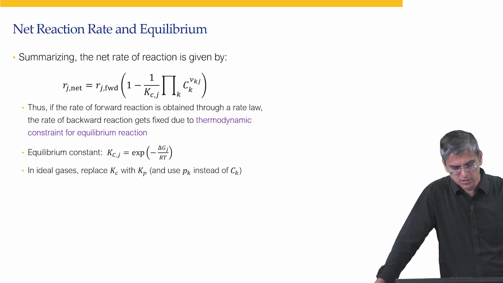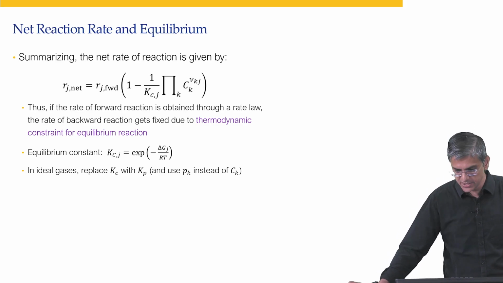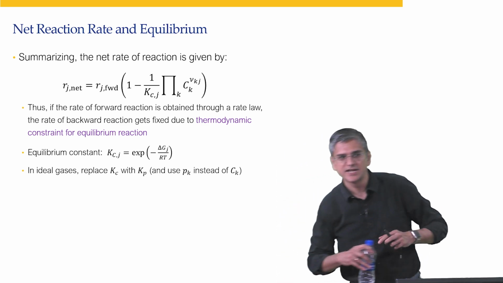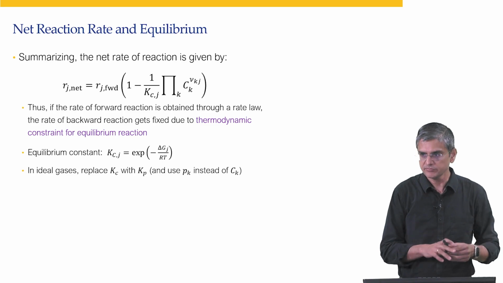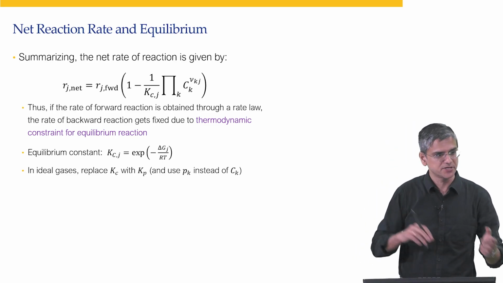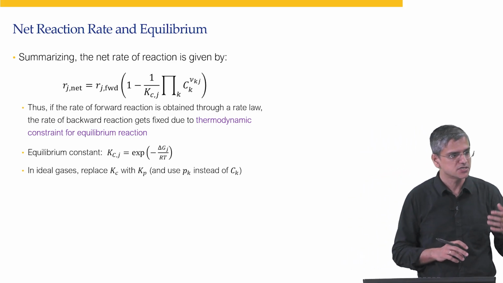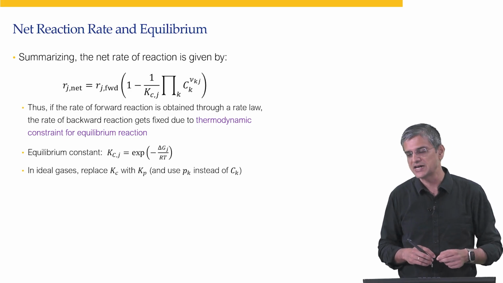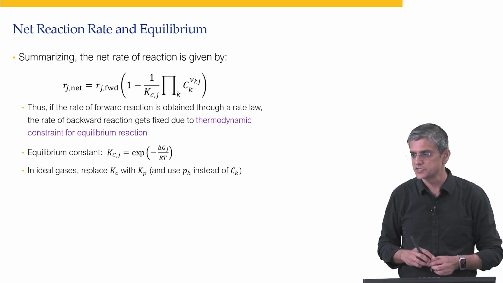Now, the other consequence of this is that your delta G of reaction has 2 parts, one because of the temperature and pressure, and one because of the activities. The one because of temperature and pressure is captured in your delta G naught of reaction, and the one because of activities is captured in the ratio of concentrations.